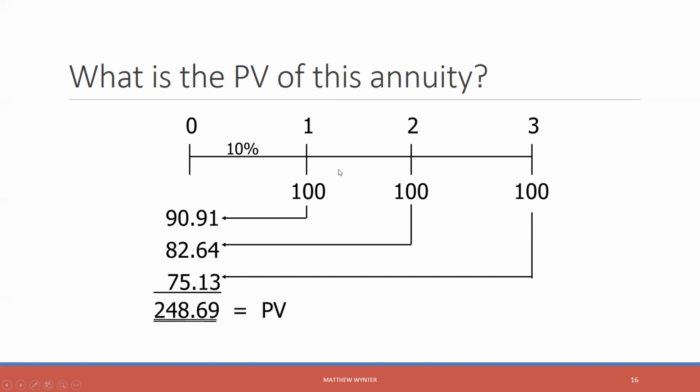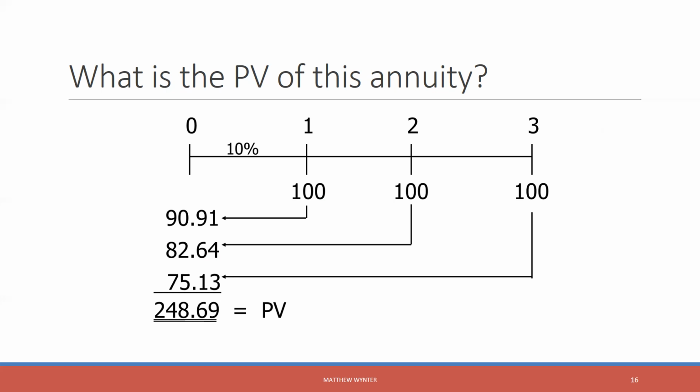We find that an annuity that pays $100 for the next 3 years with a discount rate of 10% today has a present value of $248.69.